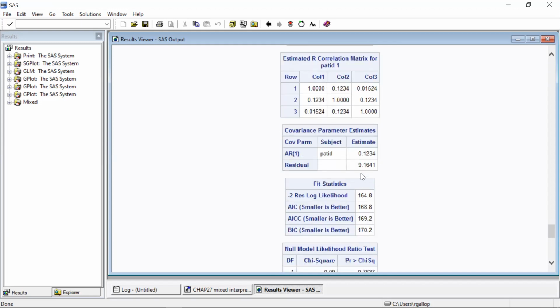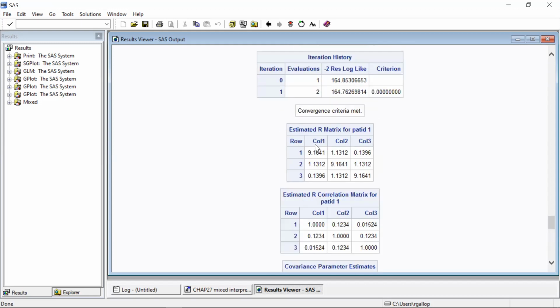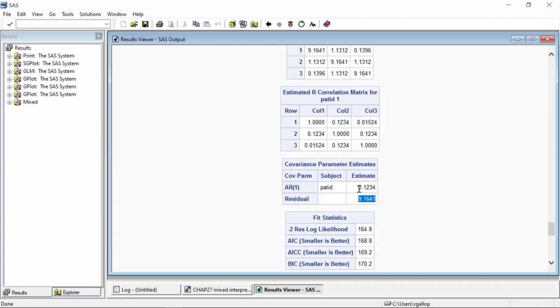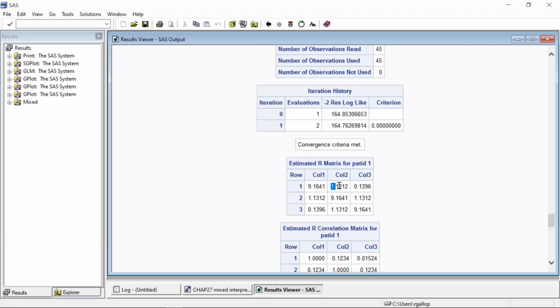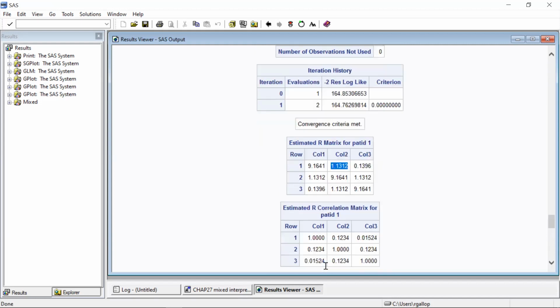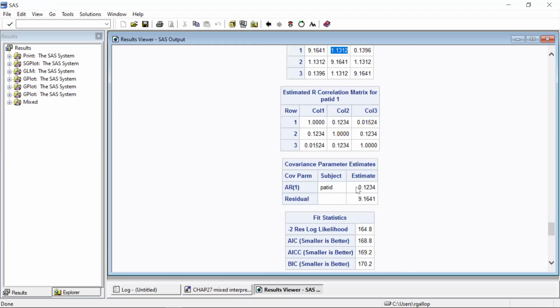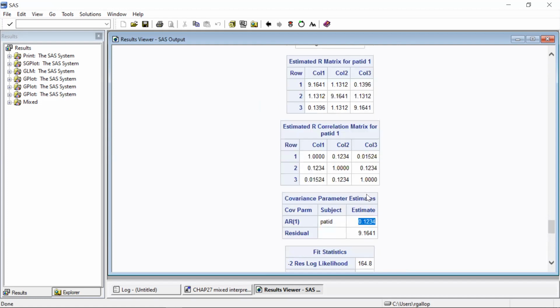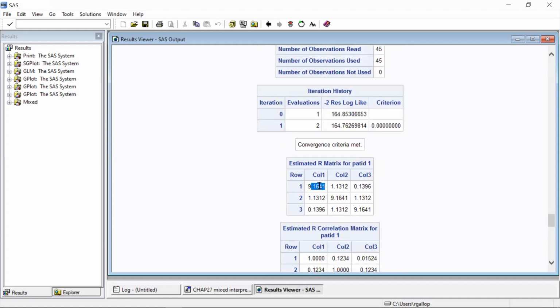If you notice, this 9.16 is the variance at any time point. 0.1234 squared times 9.1641 gives us this.